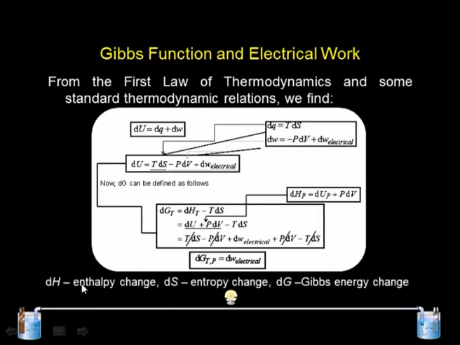Here, just for simplicity, I would like to mention that dH is enthalpy change, dS entropy change, and dG represents Gibbs energy change. Let us now see how the Gibbs function relates to a potential.